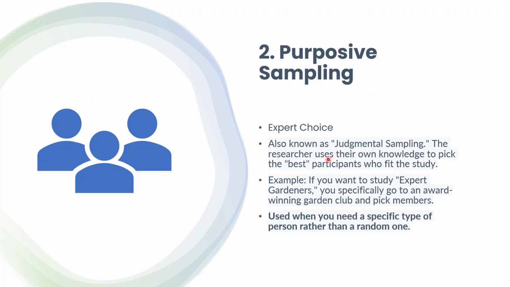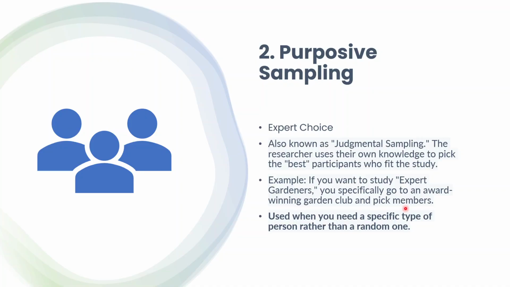The researcher uses his own knowledge to pick the best participants who fit the study, whoever is suitable or whoever will give me the answers I am expecting. If I hand pick certain samples based on that, then that method is called judgmental sampling or purposive sampling. Example: if you want to study expert gardeners, you specifically go to an award-winning garden club and pick the members.